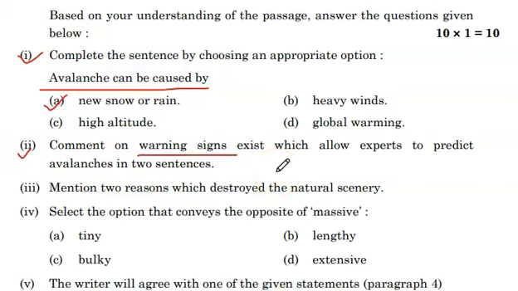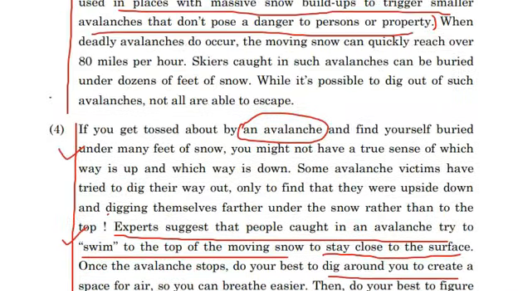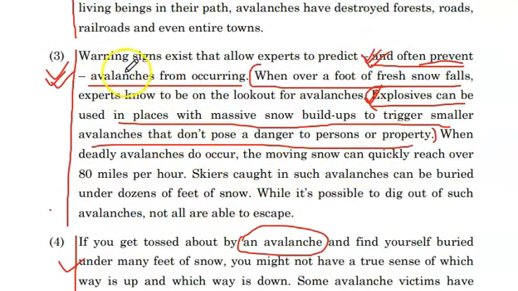So what has the writer used as warning signs? So this warning sign is in paragraph number 3 here. So you can say, the author says that warning signs exist that allow experts to predict, right? And your answer should be here. When over a foot of fresh snow falls, experts know to be on the lookout for avalanches.